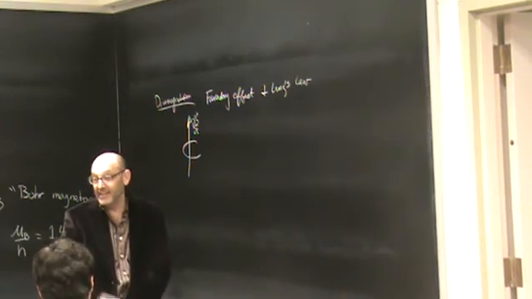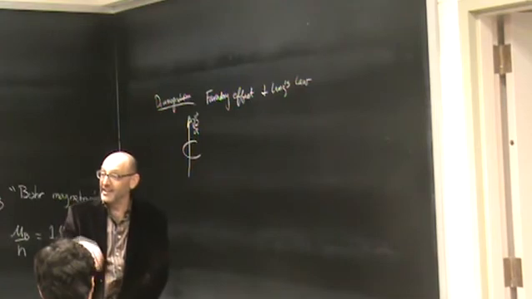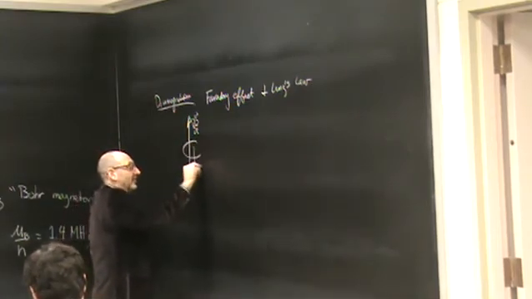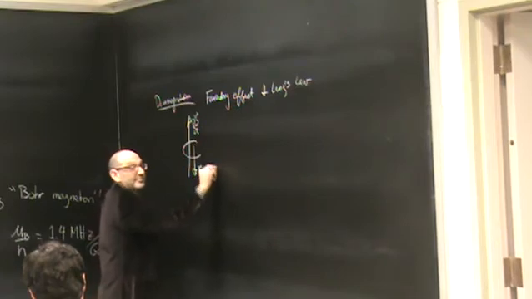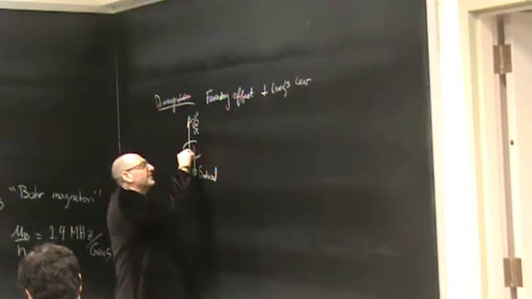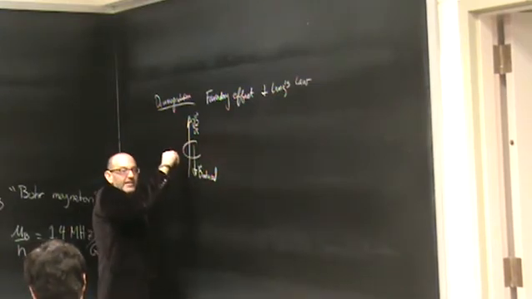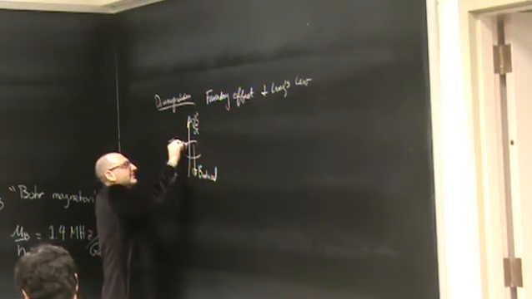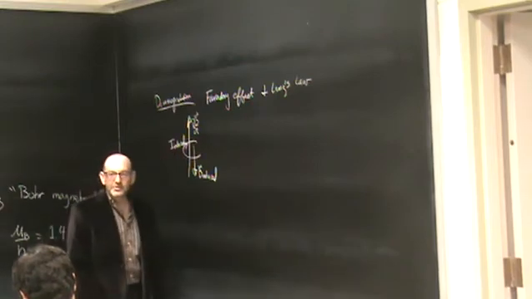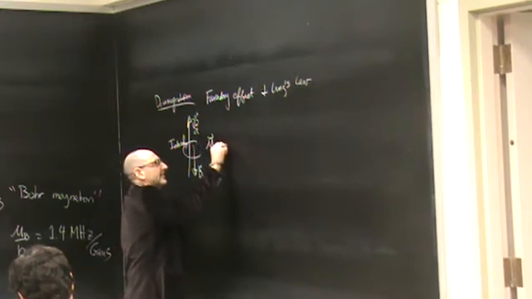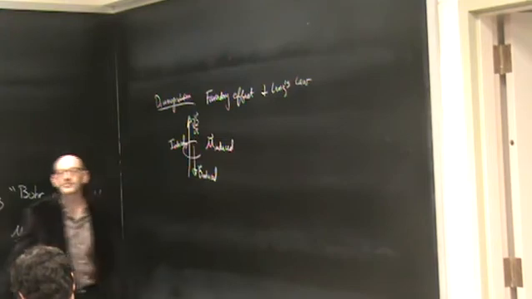That's the Faraday effect. And Lenz's law tells us that the direction of the induced magnetic field is always opposite to the way the flux is increasing. So in fact, there's going to be an induced magnetic field this way. And that induced magnetic field then makes an induced current, which is going in the opposite direction. And that induced current makes an induced magnetic dipole moment that's induced by the magnetic field.